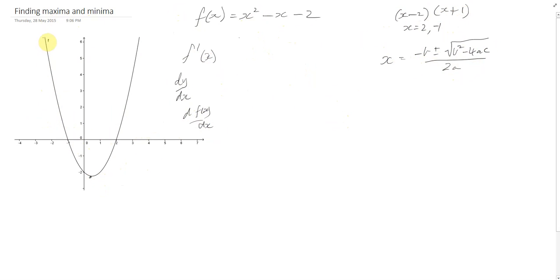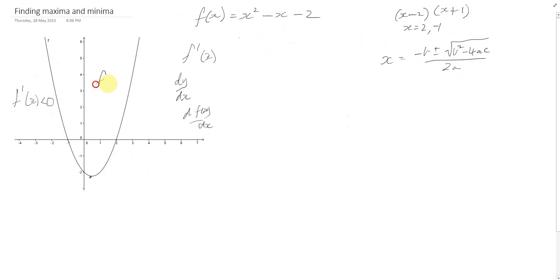So over here, in this region from all the way up here down to our turning point, you can see that we've got a negative gradient. It's different at different points, but it's always negative in this region. So over here f dash of x is negative, it's below 0. Now over here on the right hand side, we've got a different gradient depending on what x is, but it's always positive.